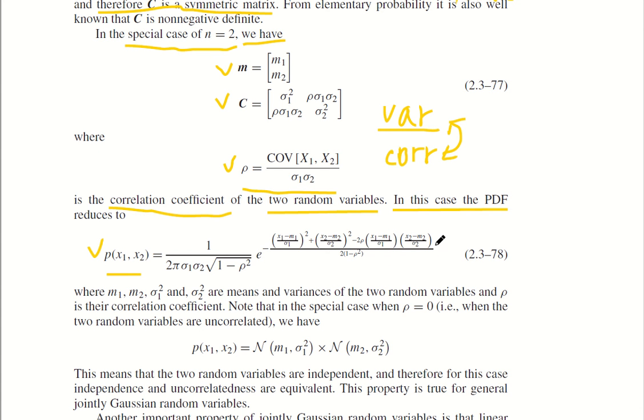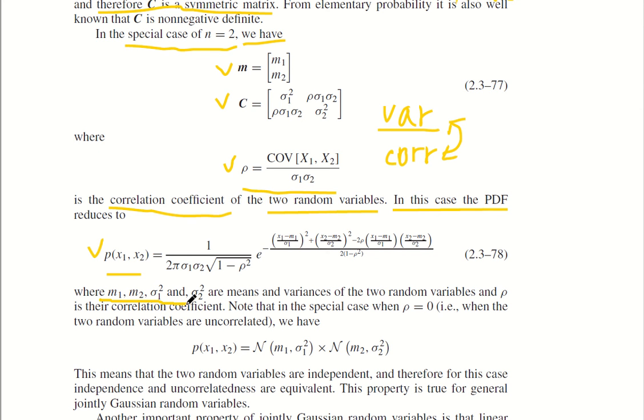And if we recall the previous case where we have no correlation, then rho equal to 0, and it reduces to the typical Gaussian that we are used to, 1 divided by 2 pi sigma square and something like that, without this rho, because rho is equal to 0. That's the IID case. But if we have correlations, then the rho has to be put into play in the equations.